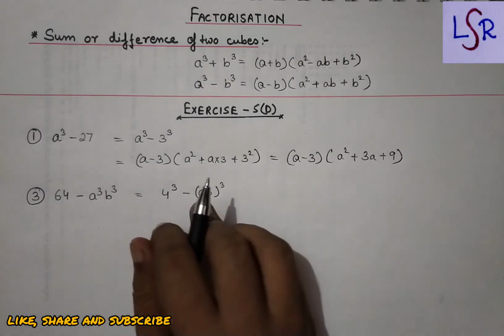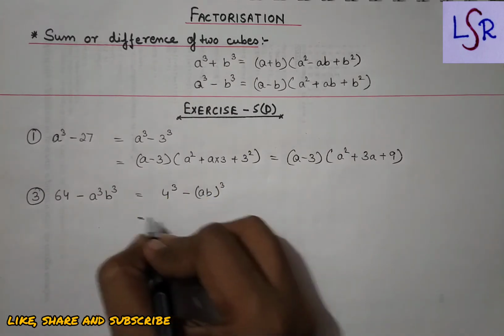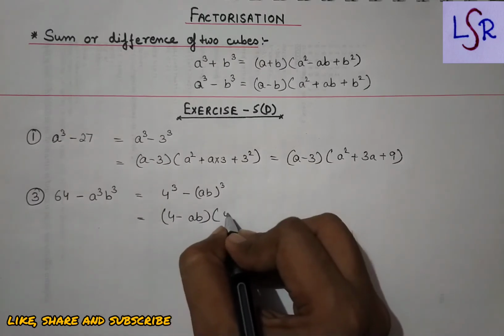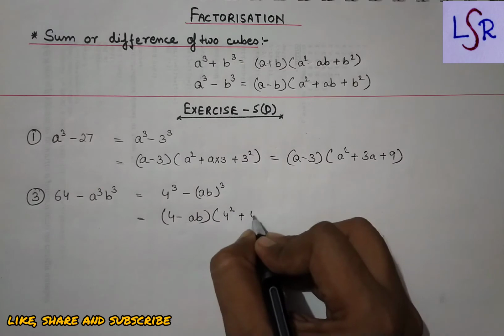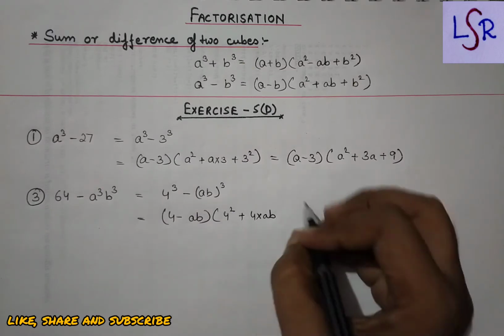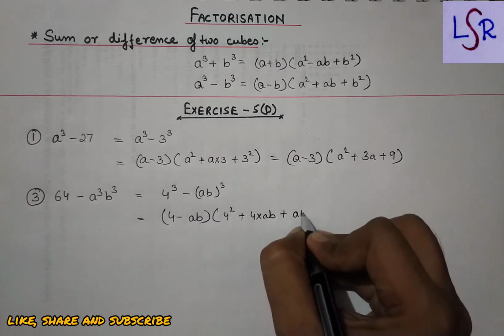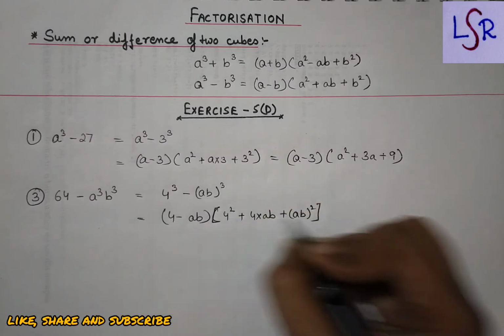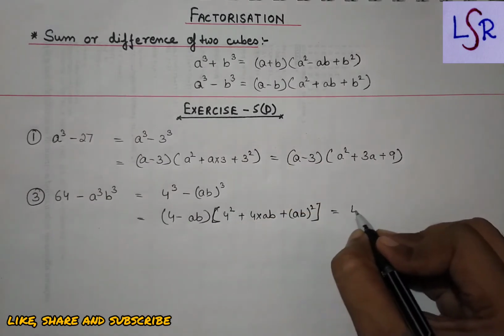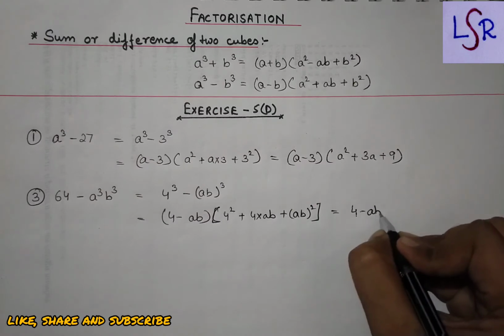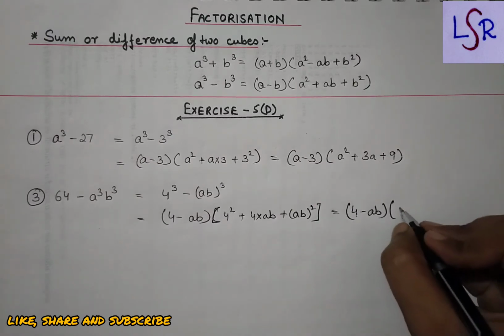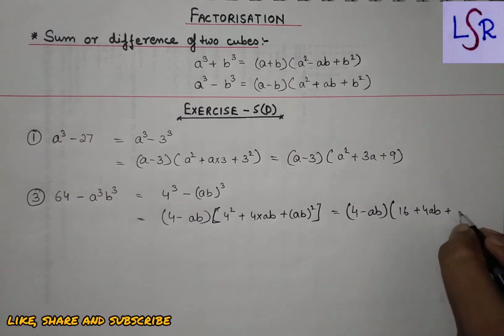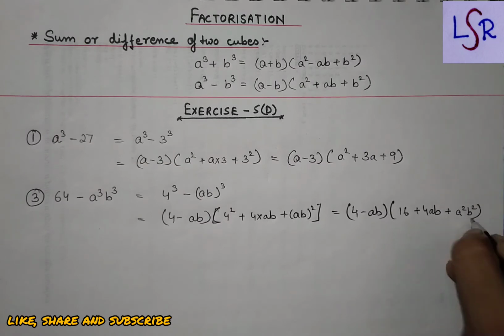Again this is in the form of a cube minus b cube, so it can be written as 4 minus ab, 4 square plus 4 into ab plus ab to the whole square, and this can be followed by 4 minus ab into 16 plus 4ab plus a square b square.